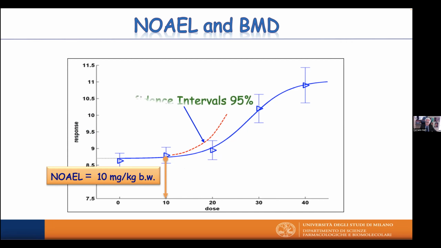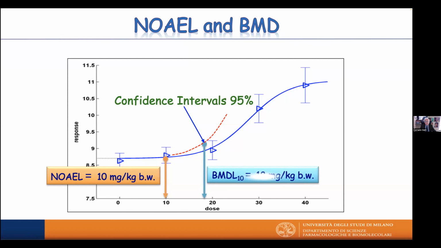When you deal with the benchmark dose, it's something more complete, I would say, because you analyze all the dose response curve. And then, once you get to the confidence intervals, the lower and the higher, you take the lower confidence level, and then the mathematical approach will allow you to derive the benchmark dose.